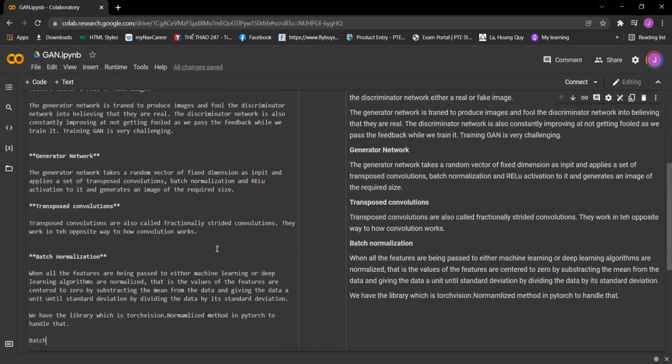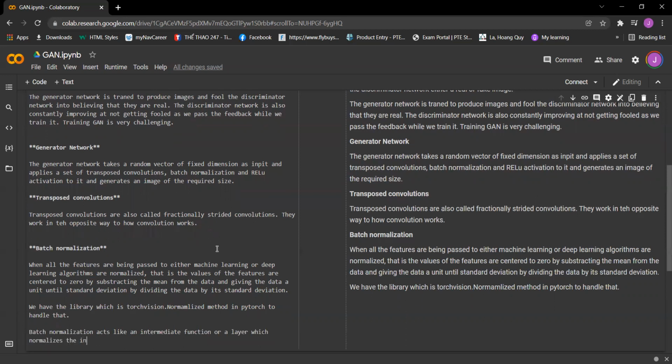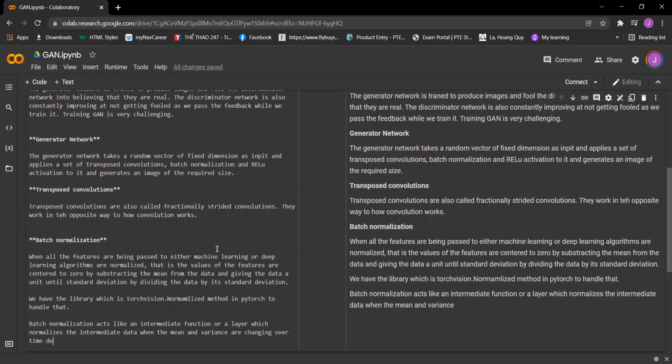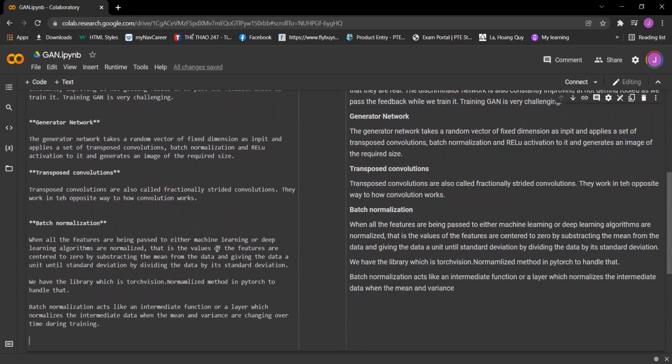So batch normalization acts like an intermediate function or a layer which normalizes the intermediate data when the mean and variance are changing over time during training.